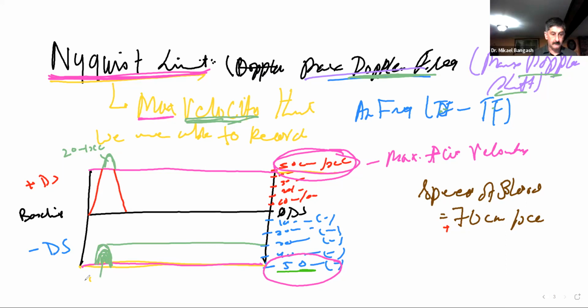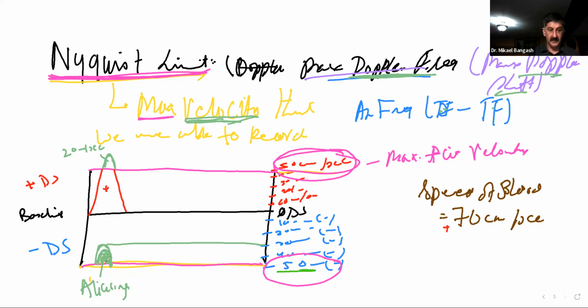So this is the aliasing. Why do we call it aliasing? Because what we actually had was a positive Doppler shift.